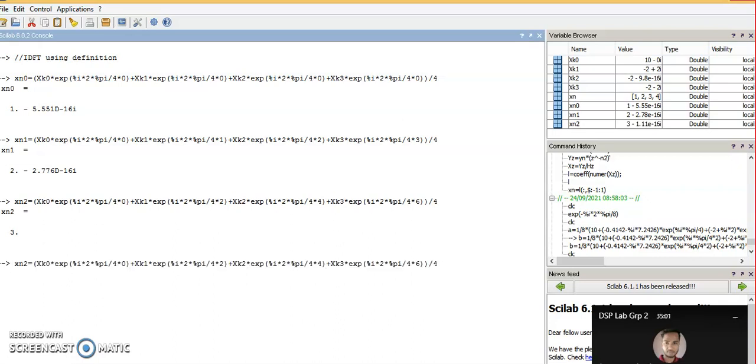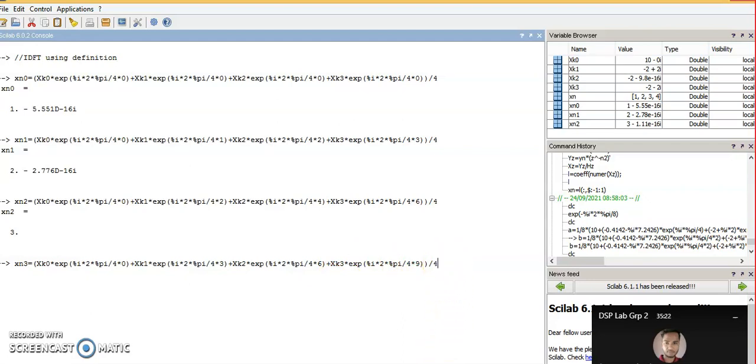Okay, similarly 3 into 0 will be 0, 3 into 1 will be 3, 3 into 2 will be 6, and 3 into 3 will be 9.